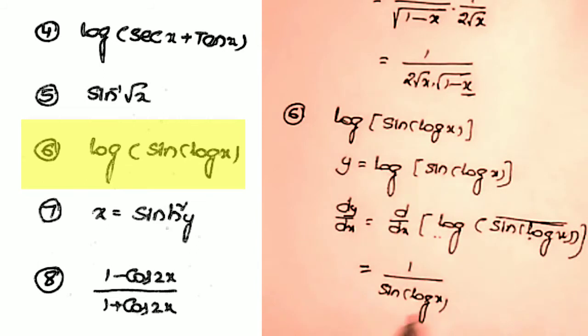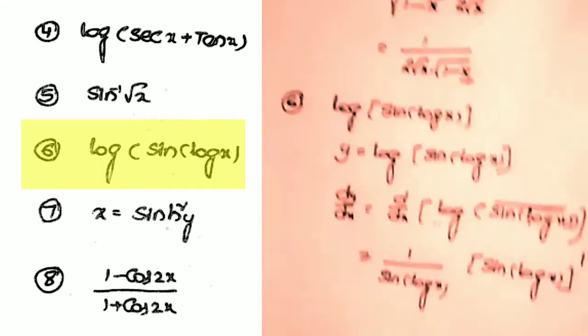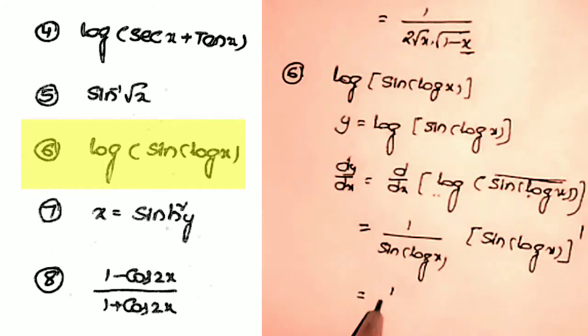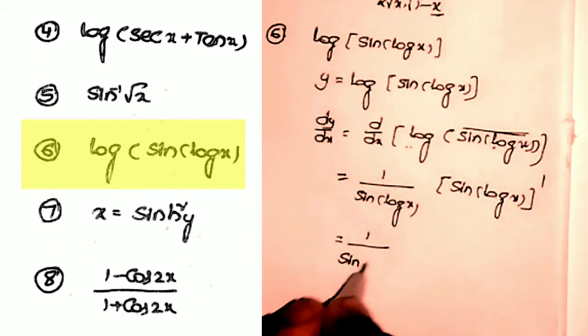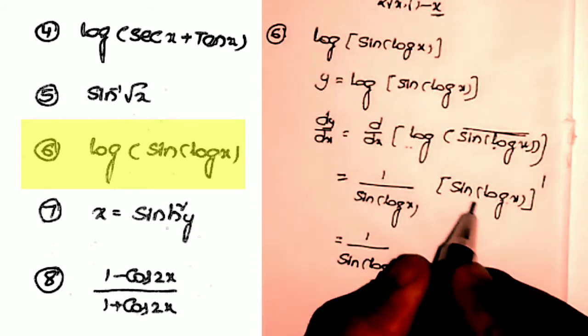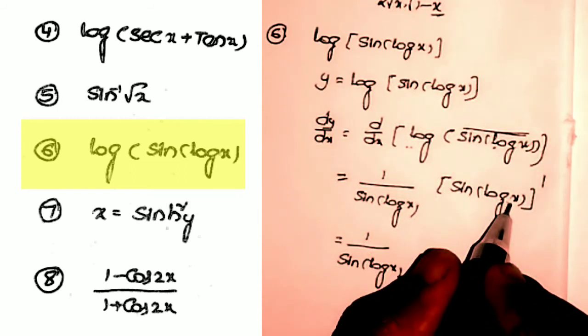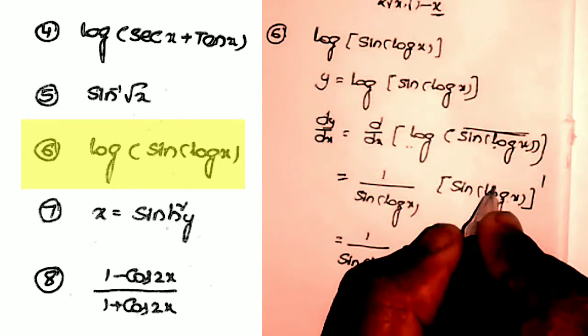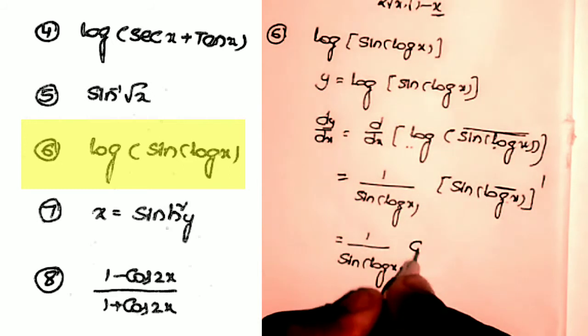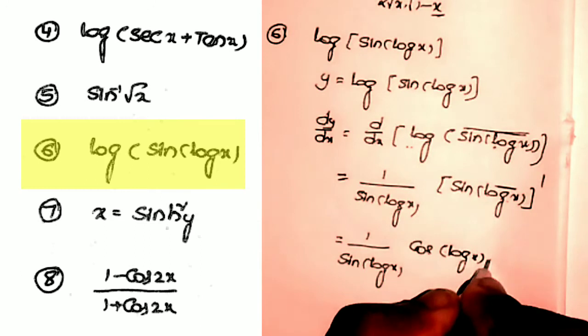But what is x here? Sine of log x. So again taking the derivative of sine of log x, that is (sine of log x) whole dash, and this is equal to 1 by sine of log x into (sine of log x) whole dash. Sine x derivative is cos x, so sine of log x derivative is cos of log x.